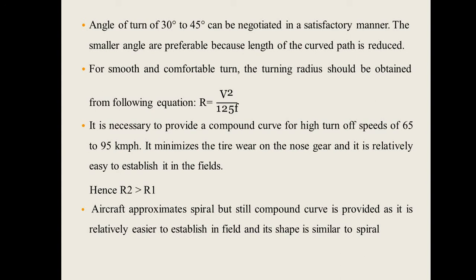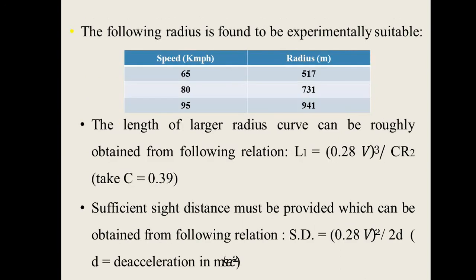It minimizes the tire wear on the nose gear, and it is relatively easy to establish in the field. So for a speed of 65, the radius is 517, and if the speed is increased, the radius is increased to 941. Sufficient sight distance must be provided, which can be obtained from the following relation.